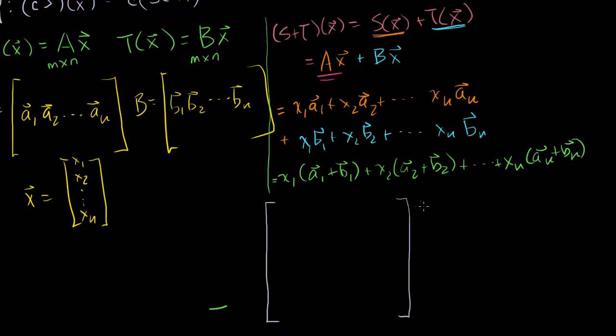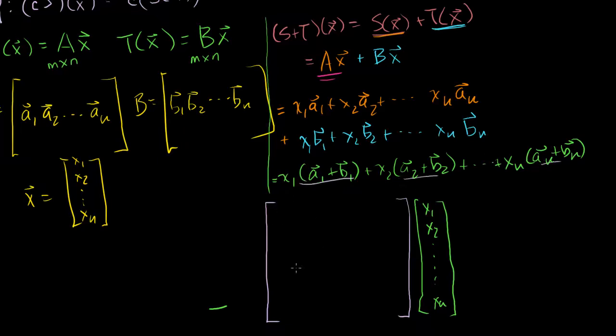Times our vector x. I'll do the vector x in green. And vector x we know is x1, x2, all the way down to xn. But what is the new matrix going to be? Well, this product is going to be each of these scalar terms times the column vectors of this matrix. So these guys right here are the columns of my matrix.